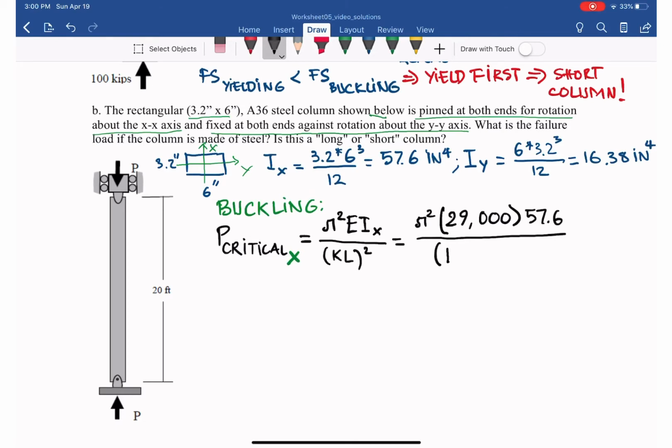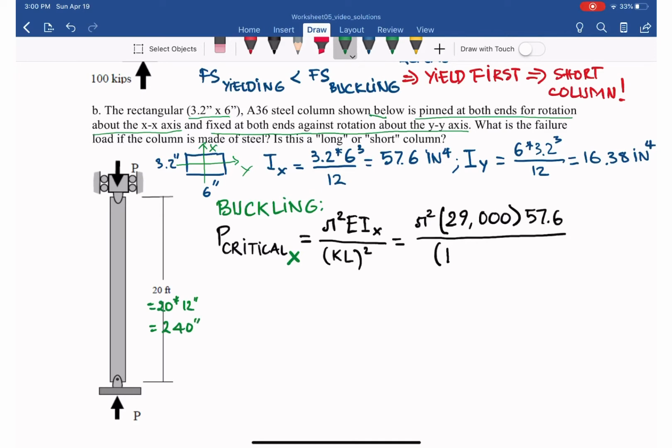Convert it into inches: 20 times 12 equals 240 inches.